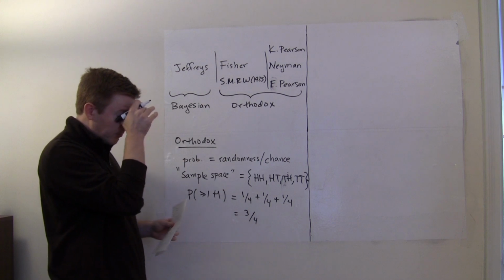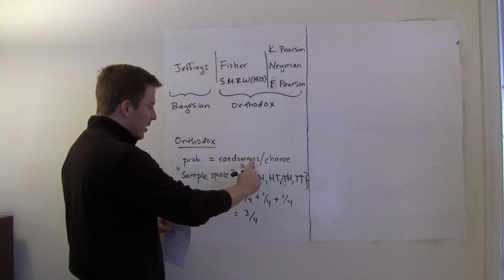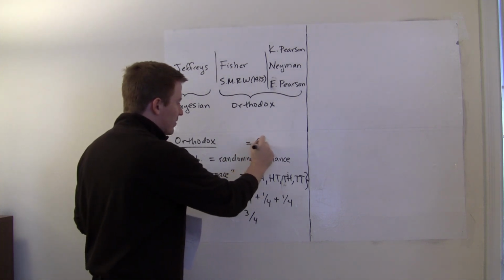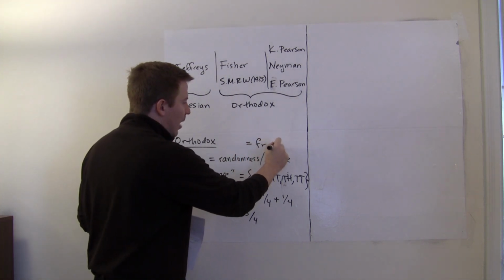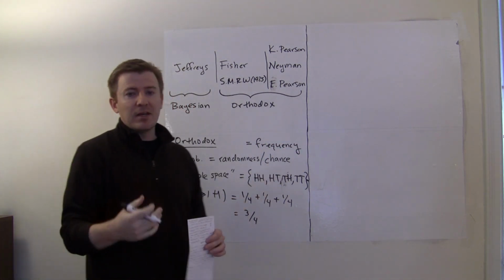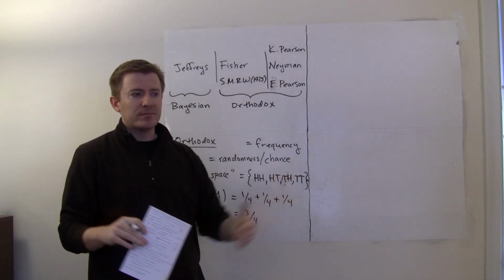So in the end, fundamentally, probability is going to be about randomness and chance, and we're always going to be able to verify it by means of looking at limiting frequencies, frequencies of occurrence over a large number of trials.